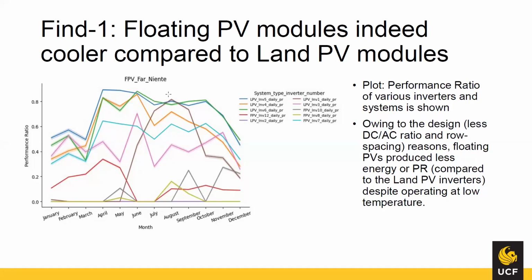One more parameter we can look at, because the floating PV modules' cooling can impact performance, is the PV array efficiency, which means how much sunlight is falling on the PV array and how much we are getting out of it.